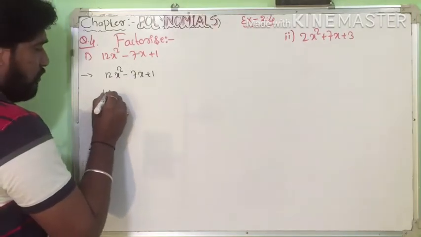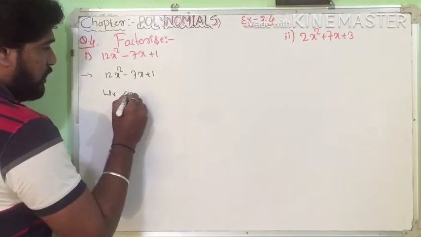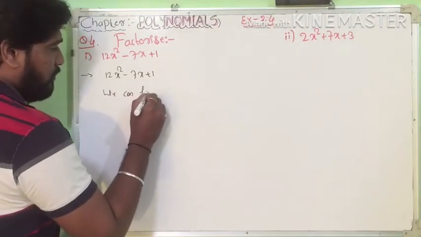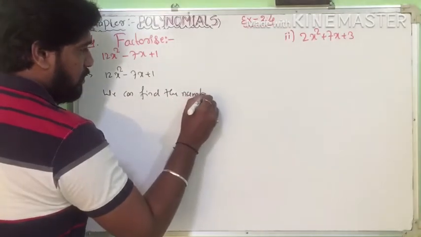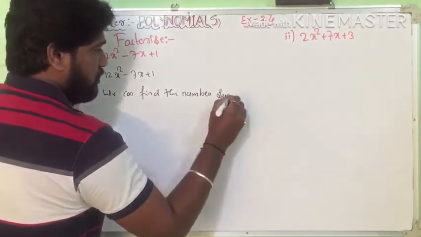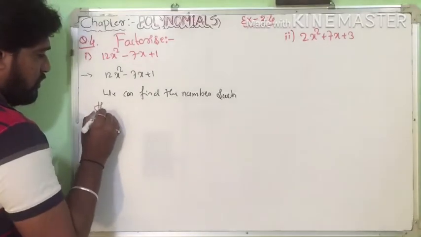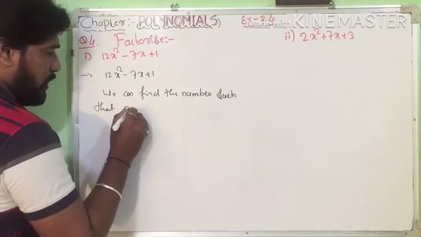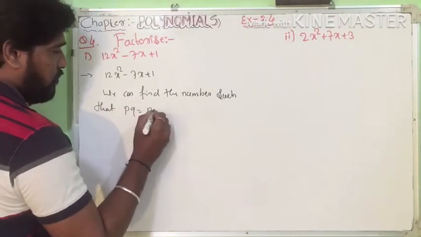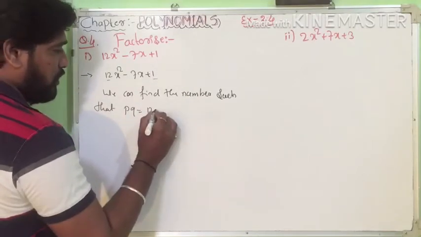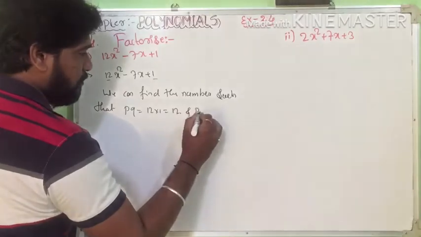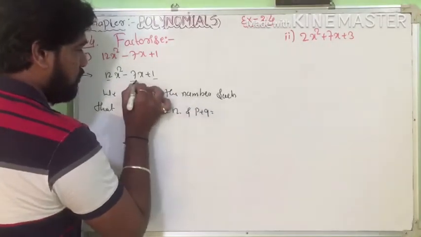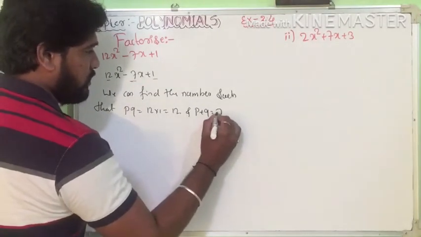So here we can find numbers p and q such that p into q is equal to 12 into 1, which is 12, and p plus q is equal to the middle term, minus 7.